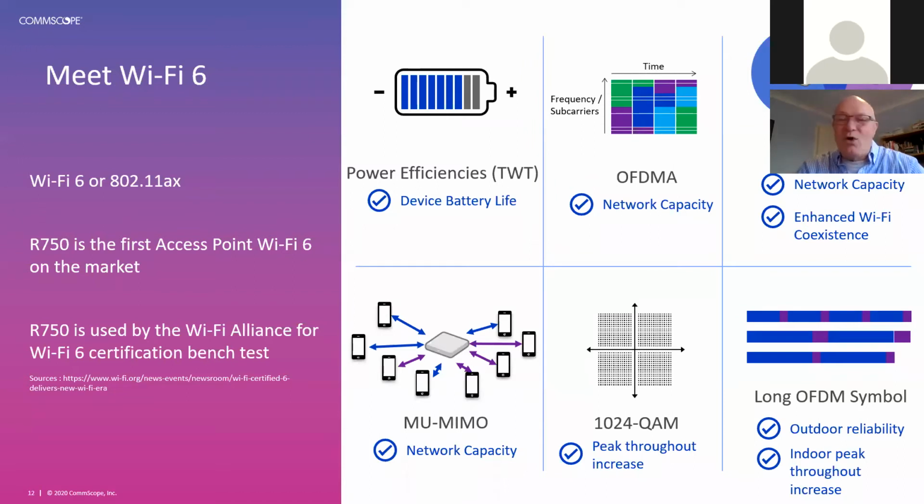If you add to that Wi-Fi 6, so Wi-Fi 6 is obviously the phenomenon that customers are talking about at the moment. Wi-Fi 5, 802.11 AC, Wave 2, still going strong, still will go strong for a long period of time.